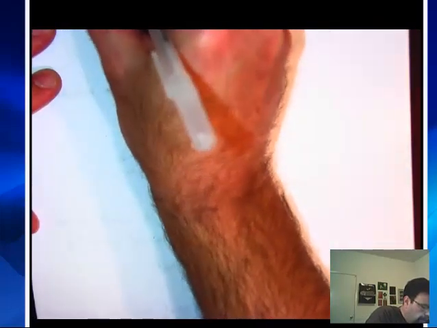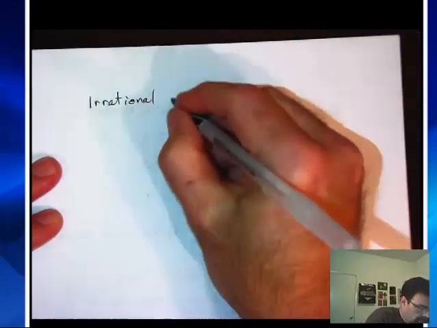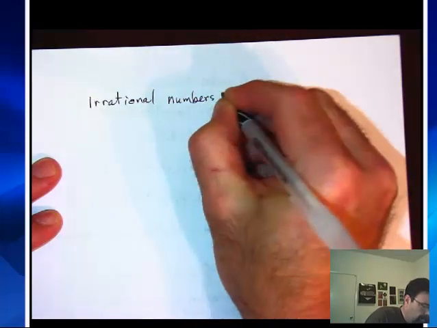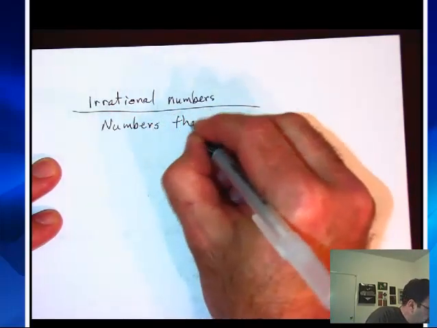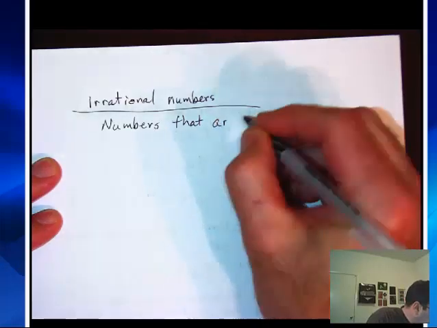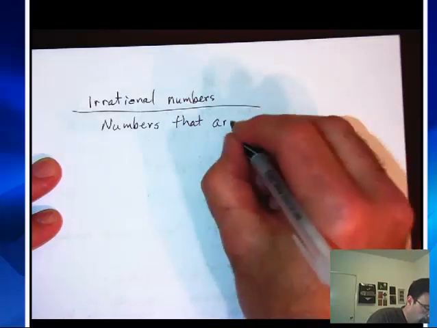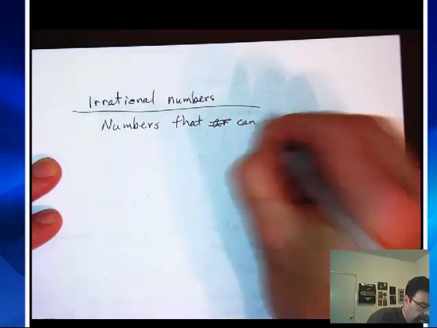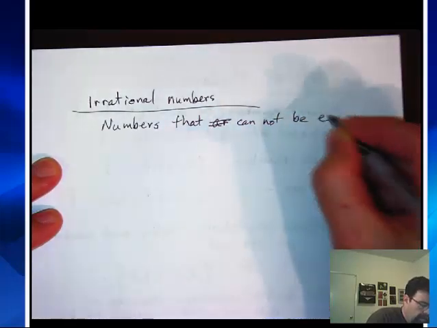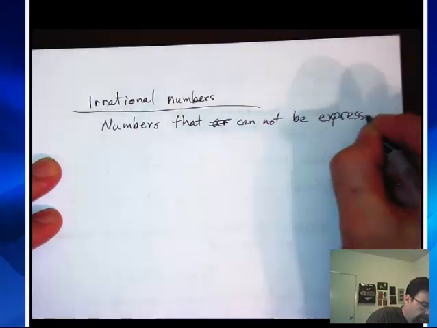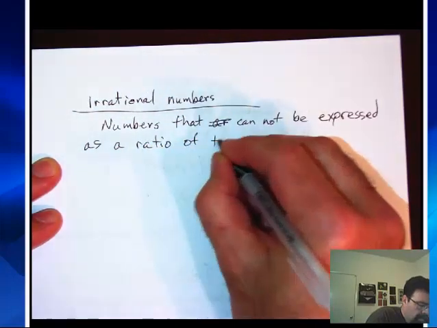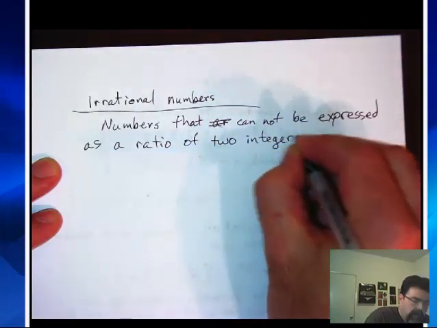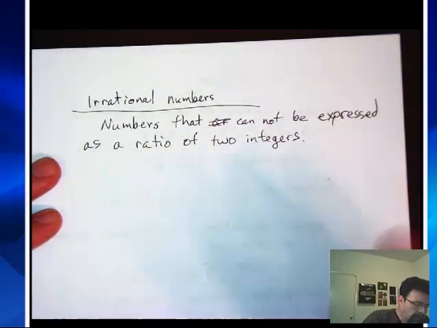Okay, so irrational numbers are numbers that cannot be expressed as a ratio of two integers. Okay, those are called irrational.